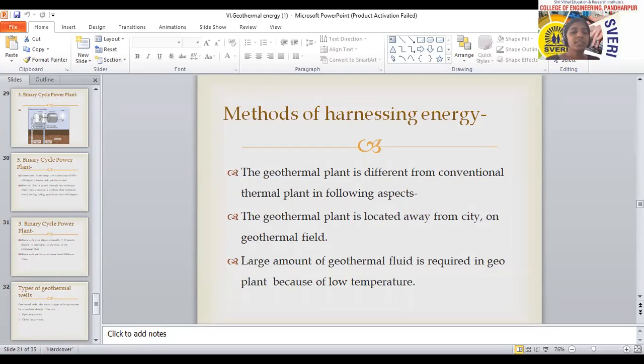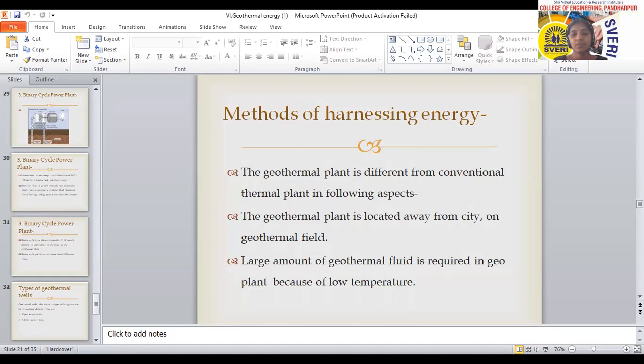And one more difference is that a geothermal plant is always located away from the city. It is not located in the city, but at the place where the geothermal field occurs or is formed. At such places, the geothermal plant is located.